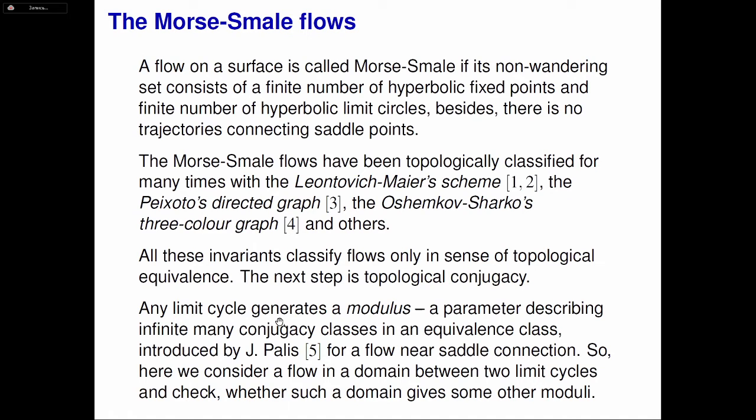Palis found that, for example, if a flow has a separatrix connecting saddle points, then in this equivalence class the flow has an infinite number of conjugacy classes, and these classes can be described by means of an analytical parameter called a modulus of stability.